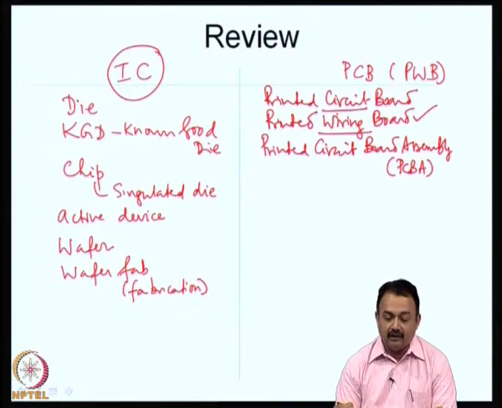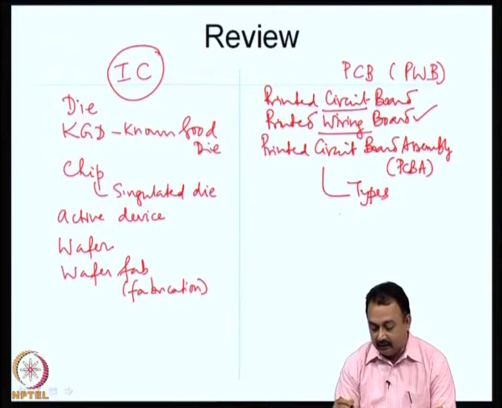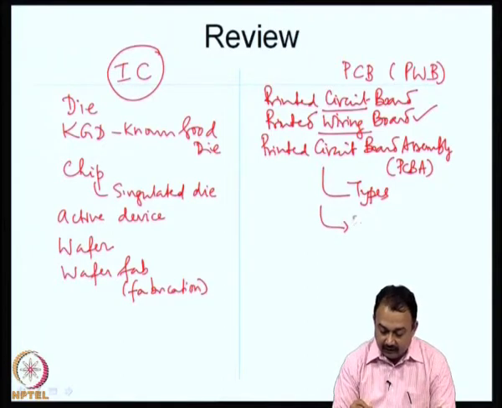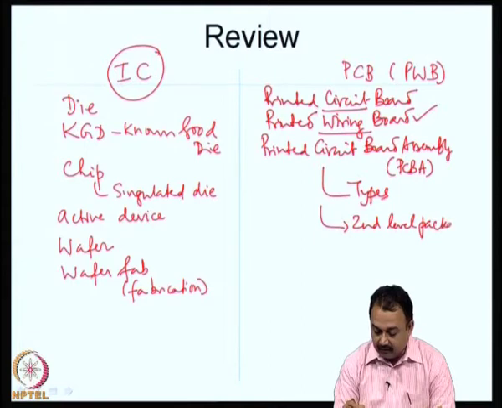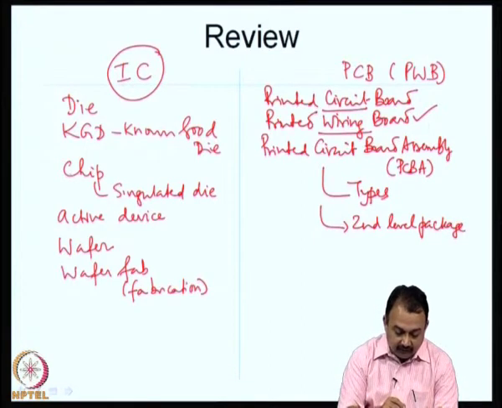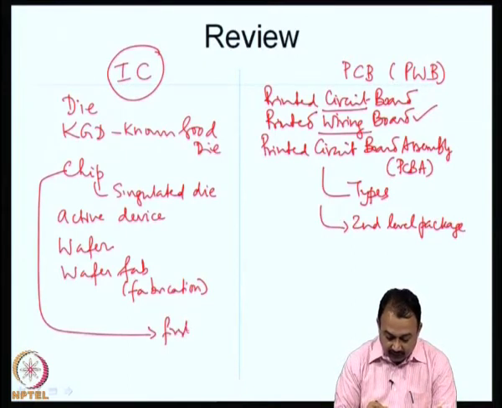Okay. So, there are different types of printed wiring boards, which we are going to see at a later stage, and there also this is called a second level package. So, the printed wiring board is a second level package, and the device or the chip that goes for packaging is called the first level package.